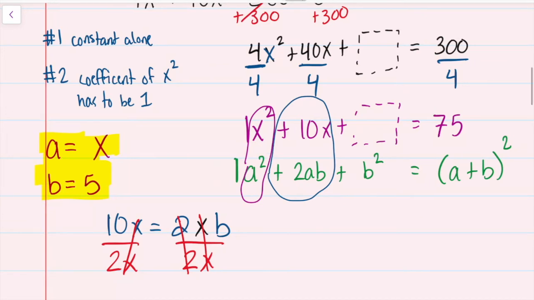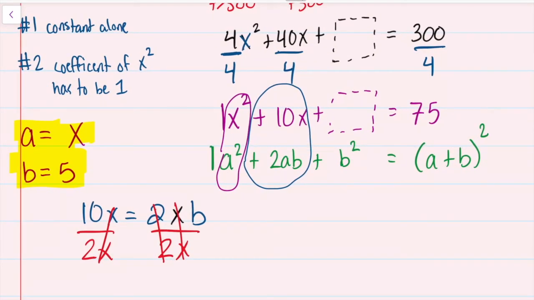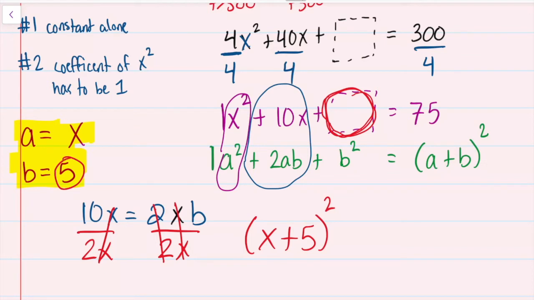Well, we found our letter b. So in reality, when we factor this, guys, our a is x plus our b is 5. When we square it, we get this. But lo and behold, guys, we did not fill the square. What was supposed to go here, guys? If b is 5, well, what's 5 squared? 5 squared is actually 25.